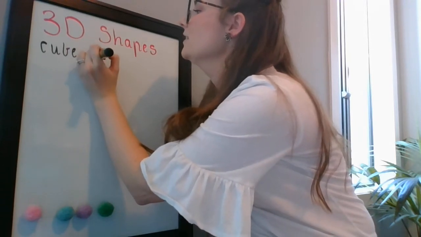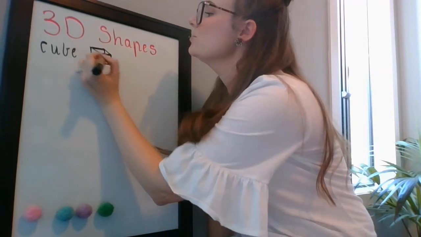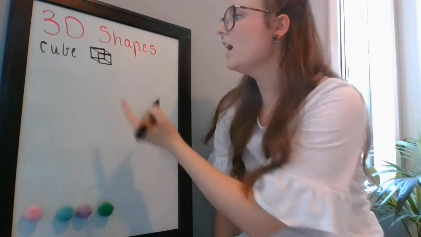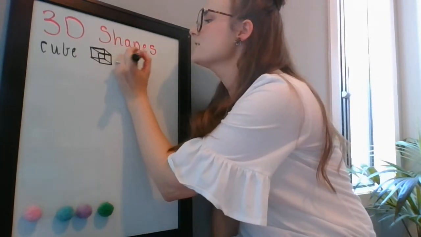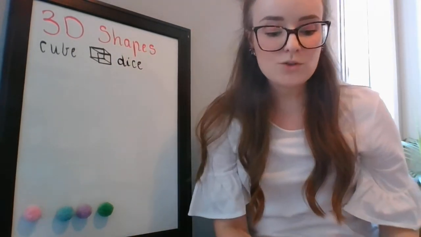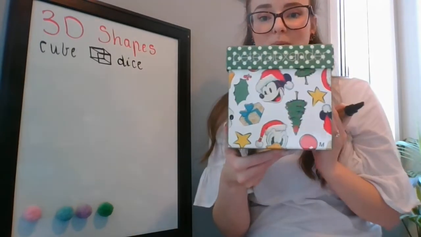So I know I draw a square and another square, and then I can join my lines together. It doesn't look too bad. And I know that I have found inside my house that my dice is a cube. I also went for another little scavenger hunt and I found this super cute little Christmas box.